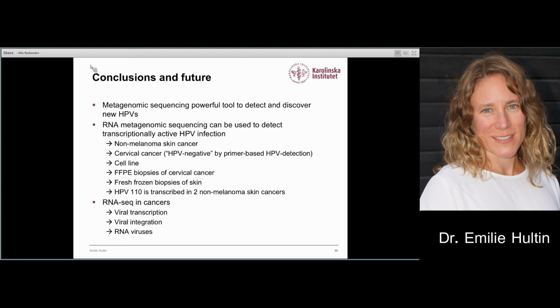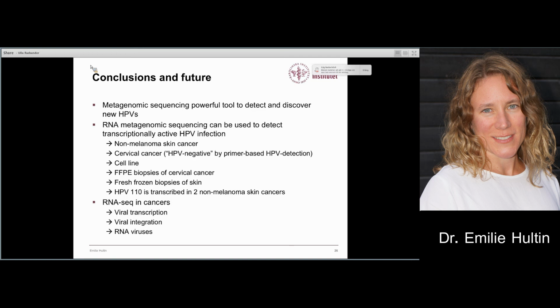We tried this and we detected active HPV infection in non-melanoma skin cancers and cervical cancers, as well as a cell line known to contain HPV. We also were able to do this both in FFPE biopsies of cervical cancer and fresh frozen biopsies of the skin.